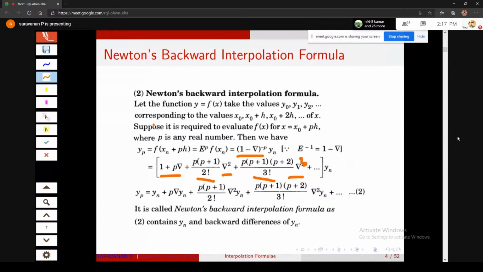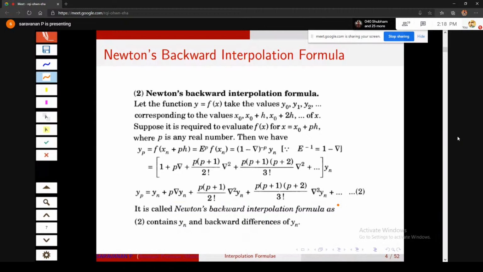If I bring this yn inside, you will get yn plus p del yn plus p(p plus 1) by 2 factorial del square yn, then this into del cube yn, etc. And this is called Newton's backward interpolation formula, because it contains the final value yn and its backward differences, del yn, del square yn, del cube yn.